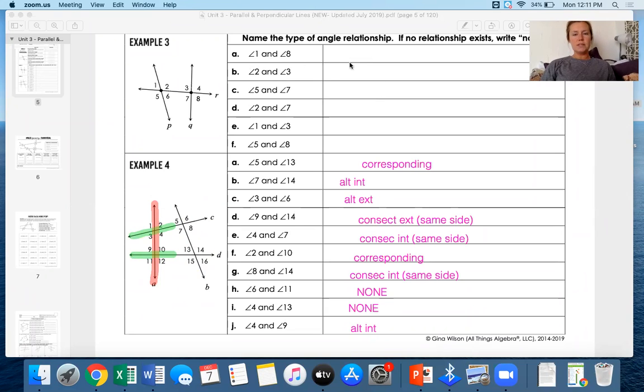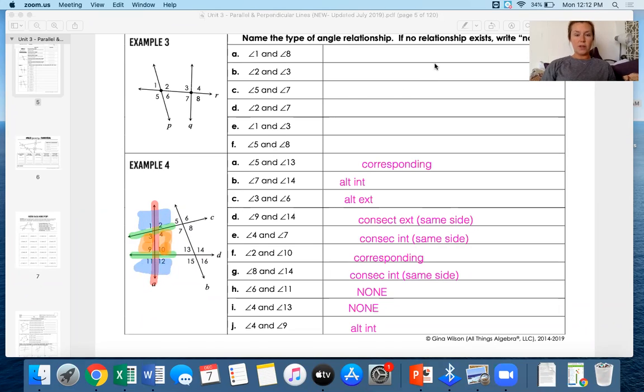So your inside ones, I'm going to highlight in orange. So we have this, this, this, and this. Do you see how they're on the inside right here? And then if we want to talk about the outside, we have the outside here. These are the outside, and this is the outside.